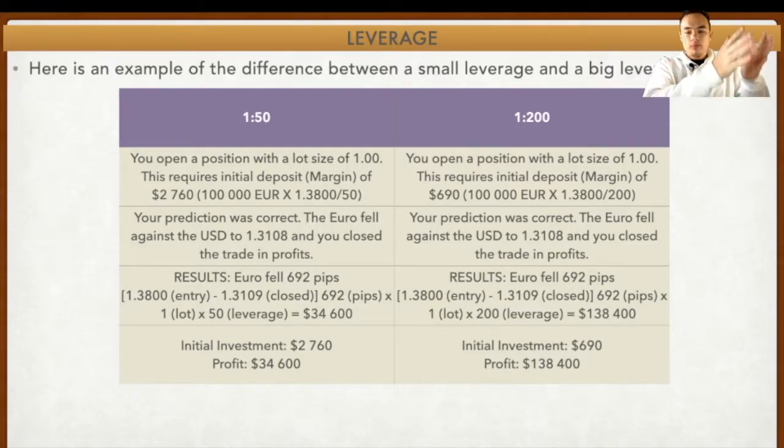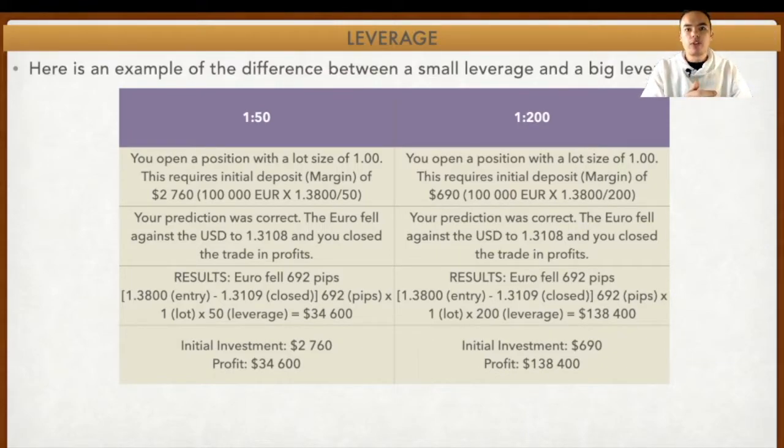If you use 0.10, it would be 10,000 euros. If you use 0.01, it would be 1,000 euros. But in this example, we're using a lot size of 1, so it's 100,000 units times the price at which we entered. Remember that graph, we entered at 1.3800. So it's 100,000 units times the entry price, 1.3800, divided by the leverage.